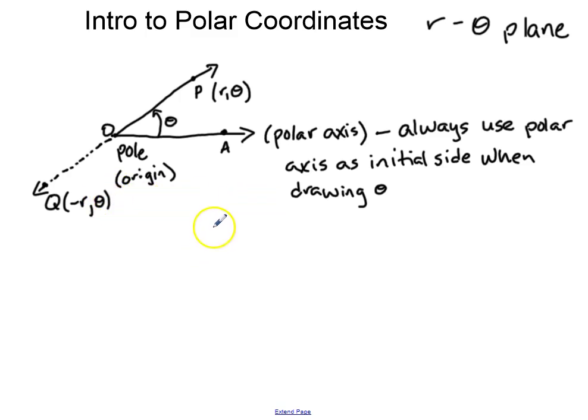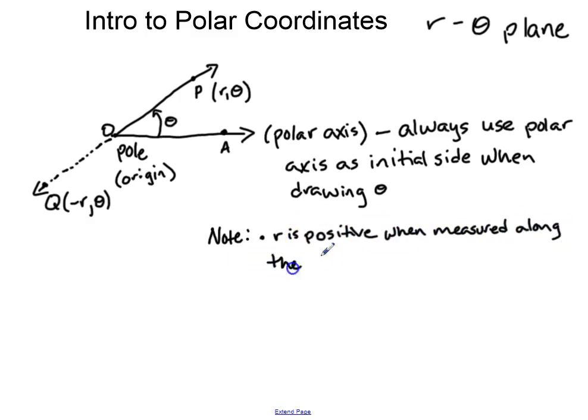Okay, so let's note a few things here. First off, R is positive when measured along the terminal side of the angle. And again, in this case, OP, we'll label it as a ray, okay?